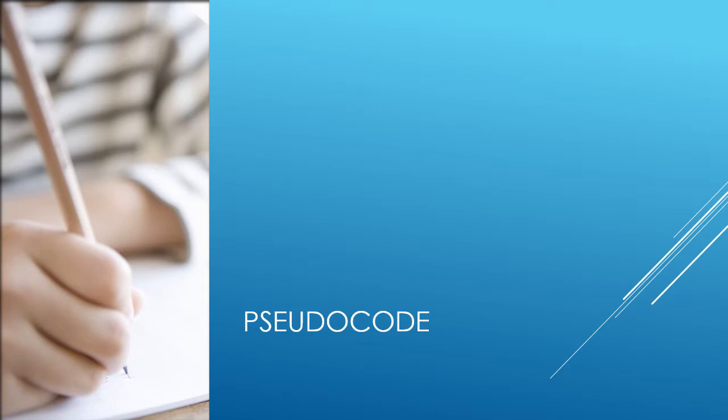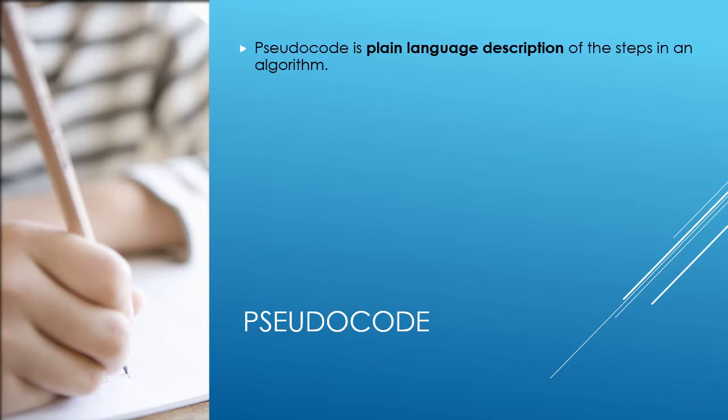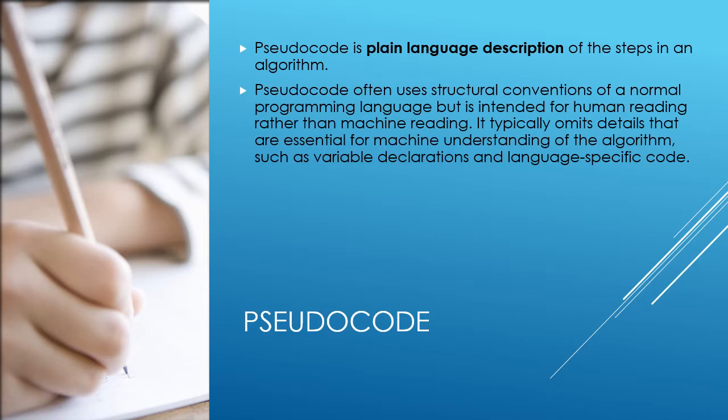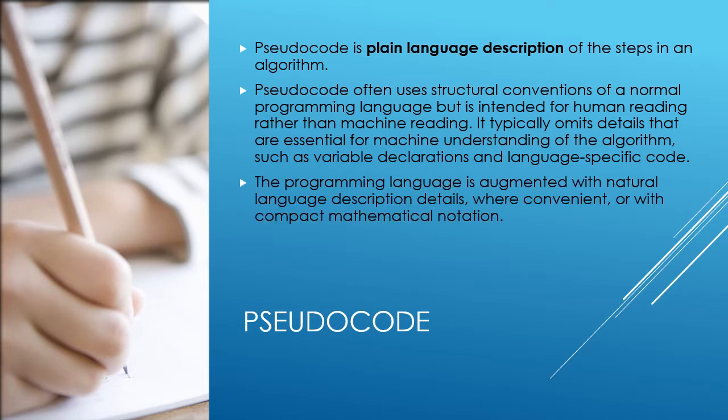So what is pseudocode? Pseudocode is plain language description of the steps in an algorithm. Pseudocode often uses structural conventions of a normal programming language, but it is intended for human reading rather than machine reading. It typically omits details that are essential for machine understanding of the algorithm, such as variable declarations and language-specific code.